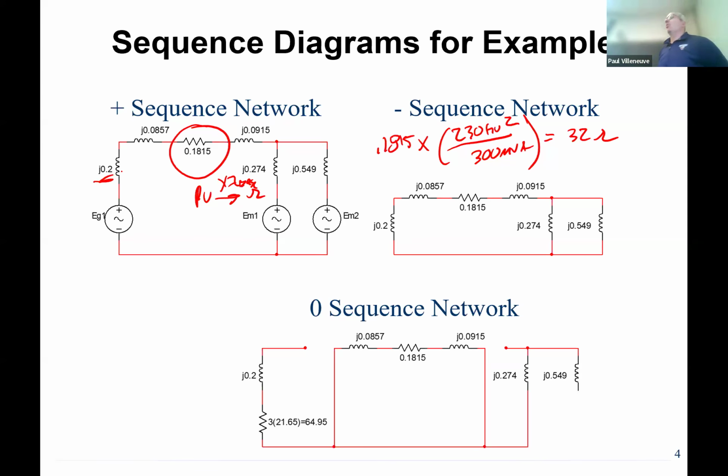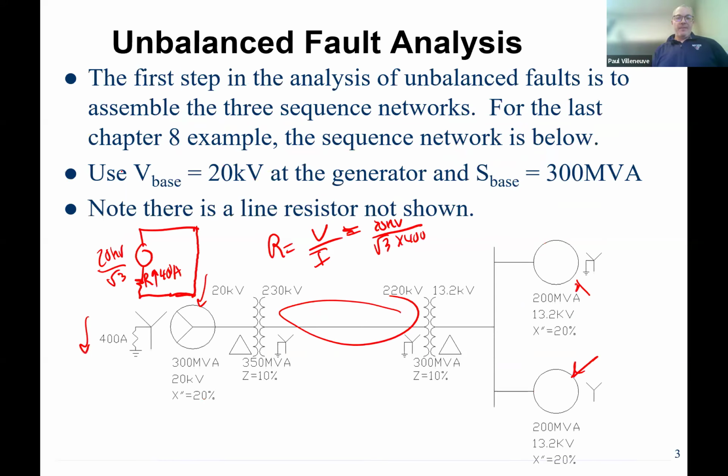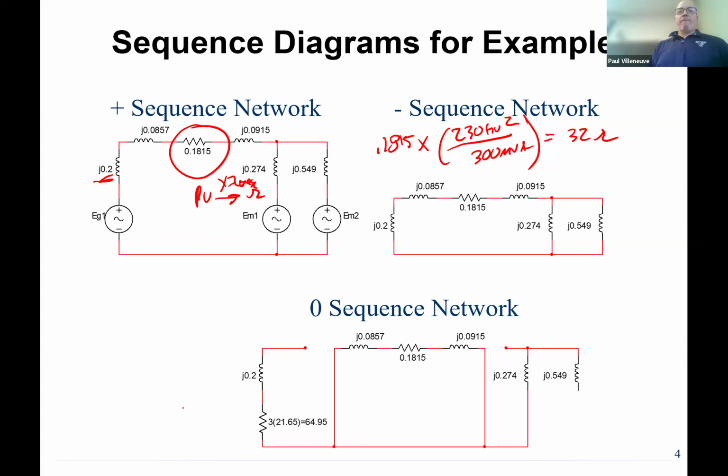That's the only one that didn't need to be corrected. It was 20% X for the previous value. See how it's the same one? It didn't need to be because the base quantities match the generator manufacturer's, whereas the other ones all had to be tweaked a little bit. So that's my positive sequence network.